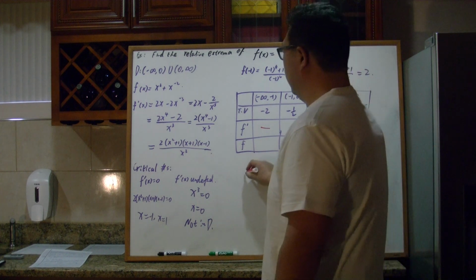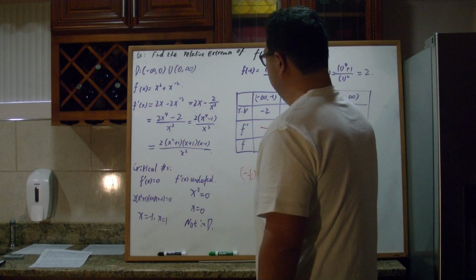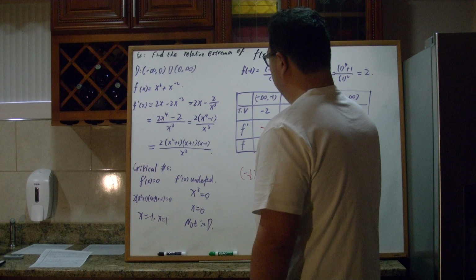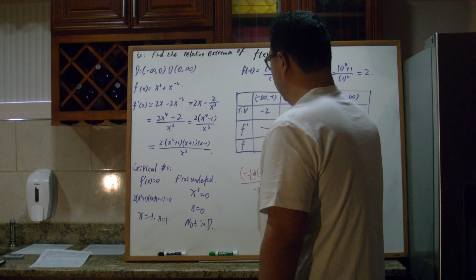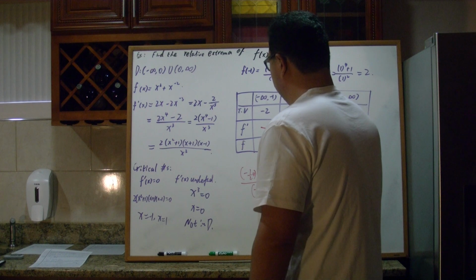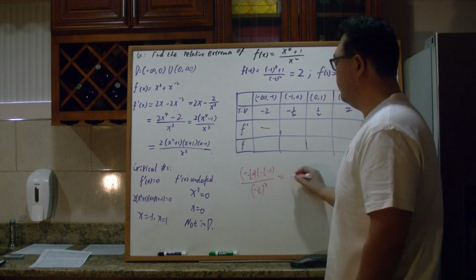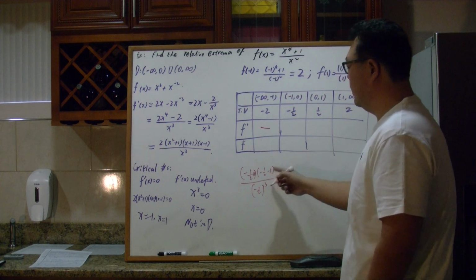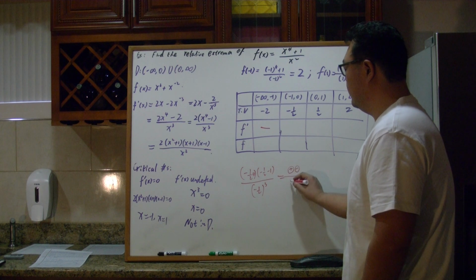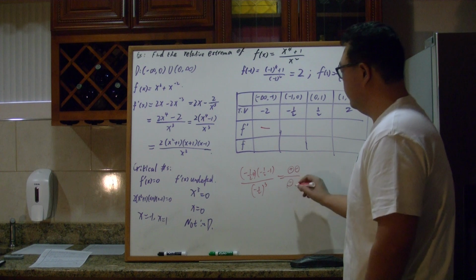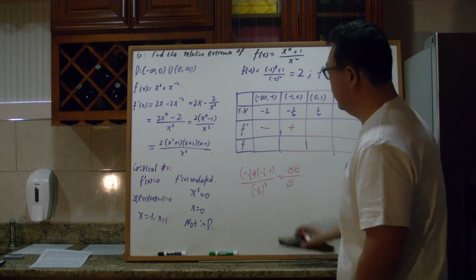And for negative a half, negative 1/2 plus 1, that's positive. Negative 1/2 minus 1 is still negative. Negative 1/2 to the third power is negative. So we have a positive number here.